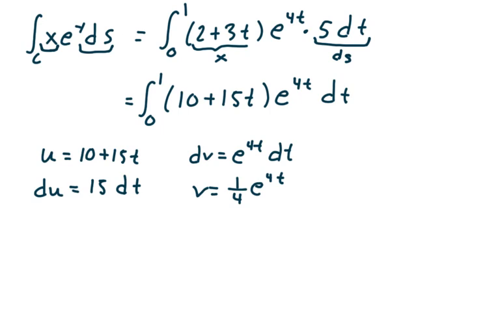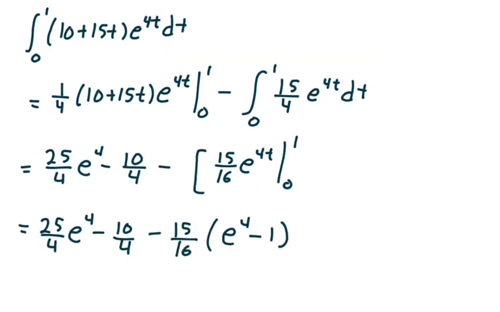And so when I made my substitution, the integral from 0 to 1 of 10 plus 15t times e to the 4t dt is equal to 1/4 times 10 plus 15t times e to the 4t, evaluated from 0 to 1, minus the integral from 0 to 1 of 15 over 4 times e to the 4t dt.